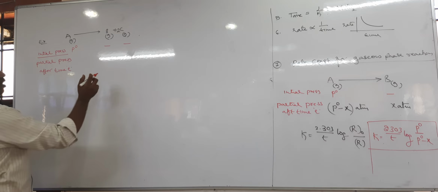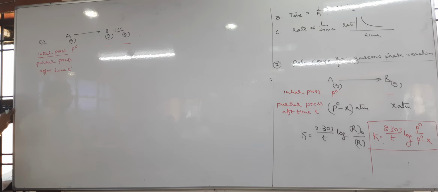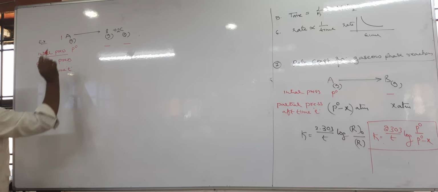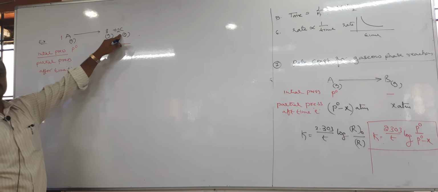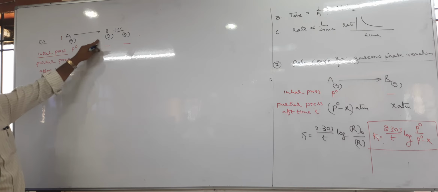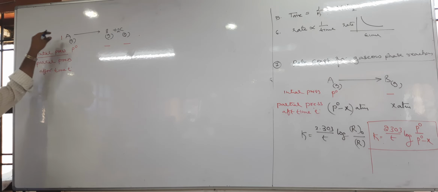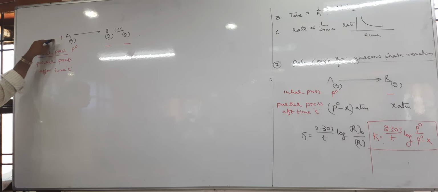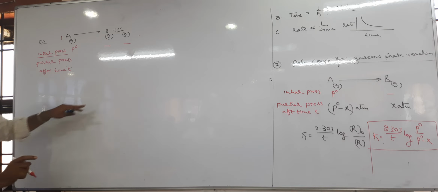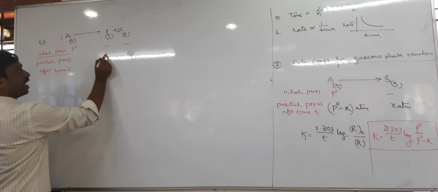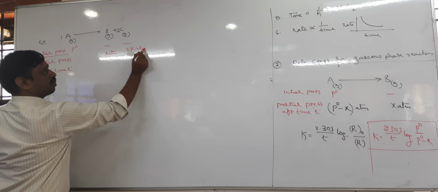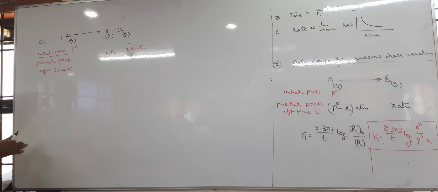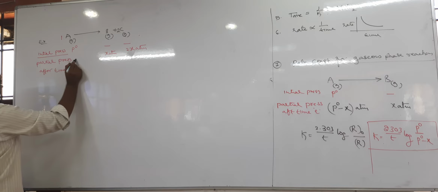Now, to make it easy, you need to remember some important points. 1 mole of A undergoing dissociation gives 1 mole of B and 2 moles of C. If I take 1 mole of B equal to X atm, it becomes 2X atm, its partial pressure for C. Then what is the partial pressure of reactant A after time T?